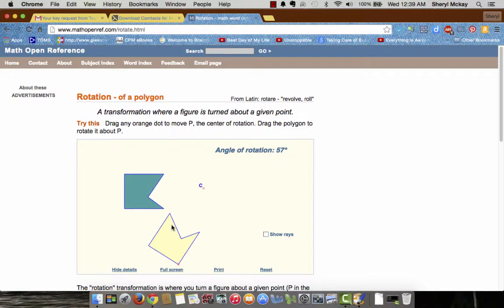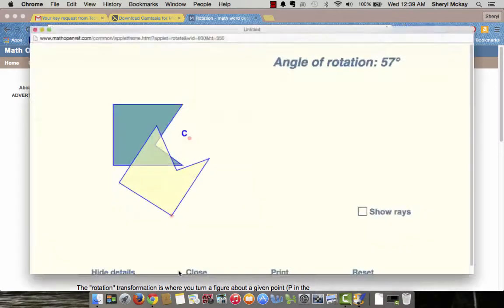And right now, this is rotated from this image. The blue pre-image is being rotated along this center point, and it's being rotated 57 degrees. Okay, now you can see that it's going in the counterclockwise direction.